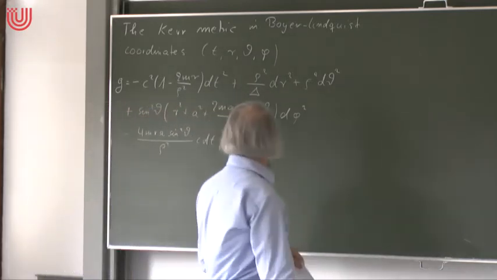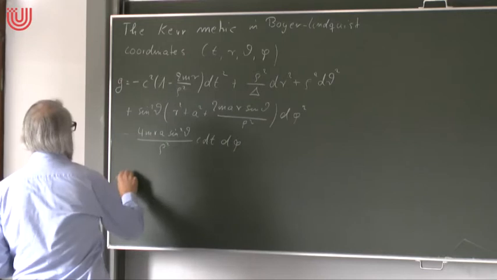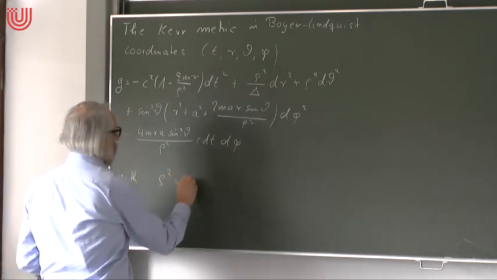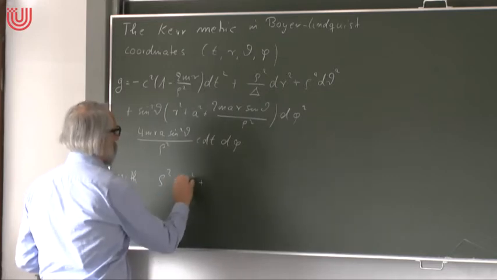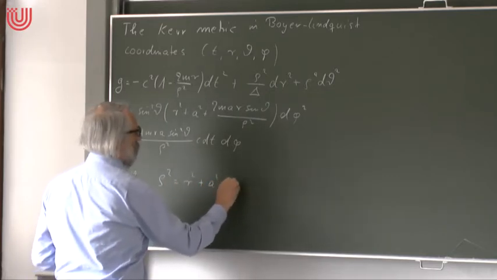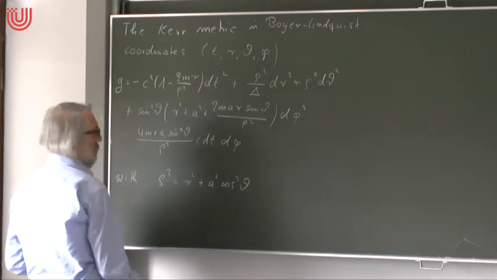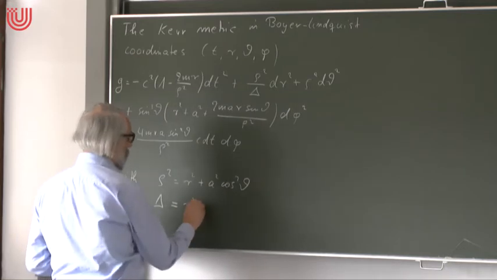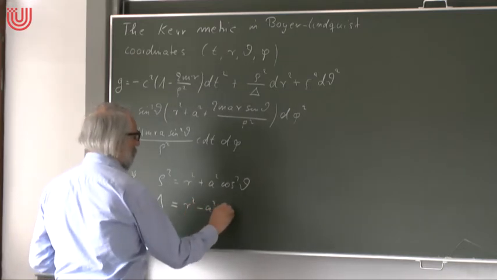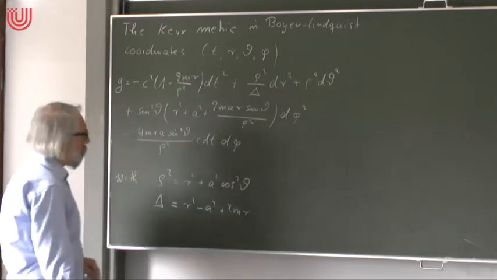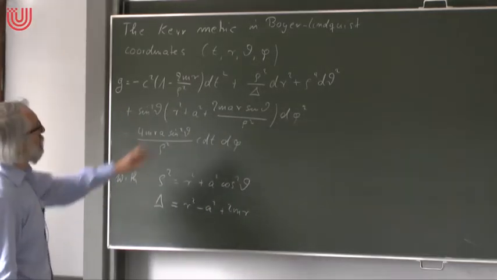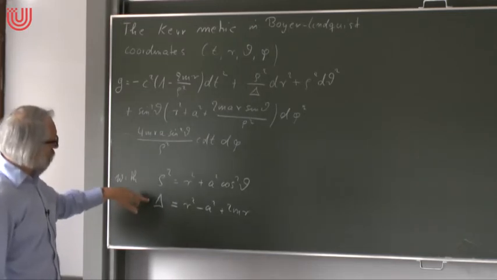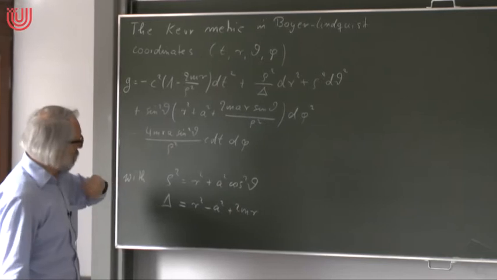I should tell you what the abbreviations are. We will use them constantly in the following. Rho squared, which I think I had already mentioned last time, is r squared plus a squared cosine squared theta. And delta I have introduced as an abbreviation for r squared minus 2mr plus a squared. So the coordinates are t, r, theta, and phi, and rho squared and delta are just abbreviations for these expressions.